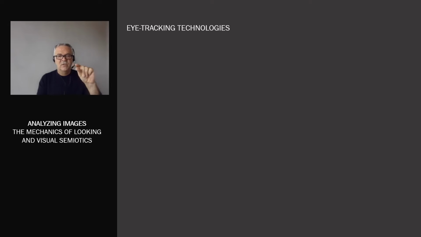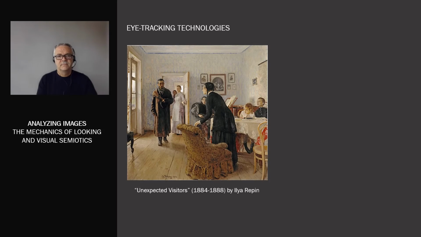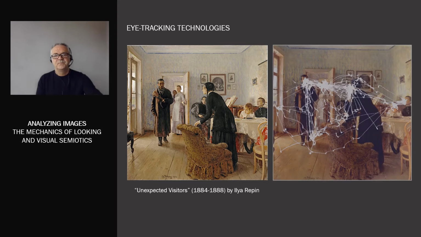Rather than a linear temporal processing, looking entails a more scattered spatial kind of processing. And this is what you will have done without thinking the second that you saw this painting. Thanks to eye tracking technologies, we're better able to know how people process images, and it looks something like this.